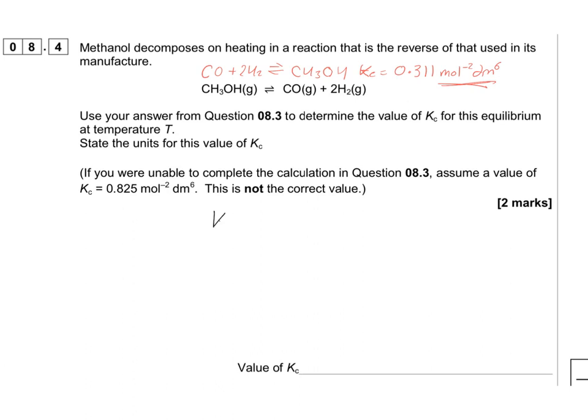So let's just write the expression for Kc first of all. So Kc for the reverse reaction is this time the concentration of carbon monoxide times the concentration of hydrogen squared divided by the concentration of methanol.